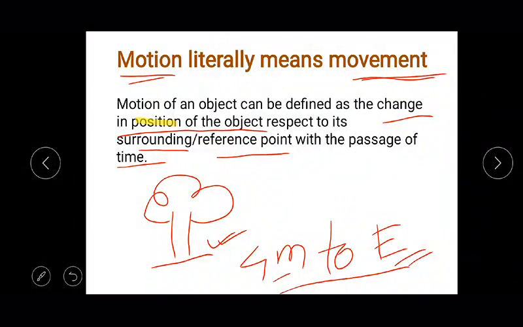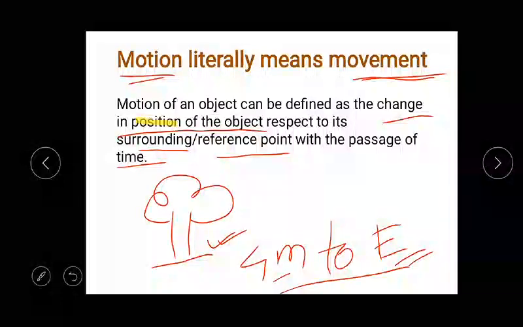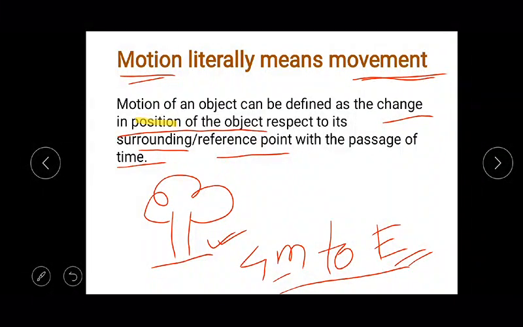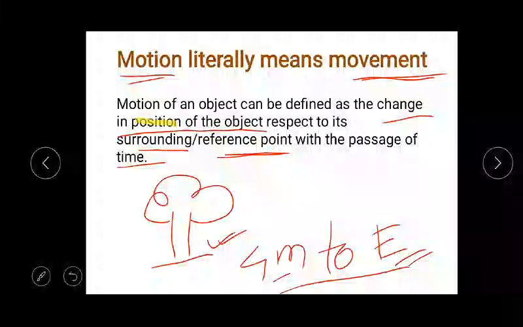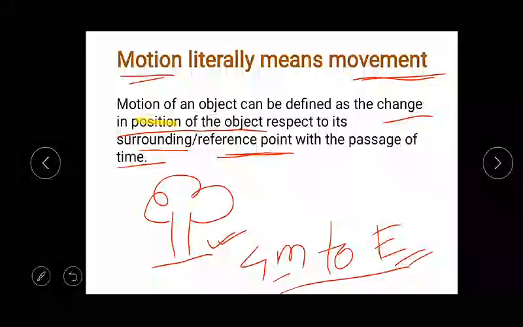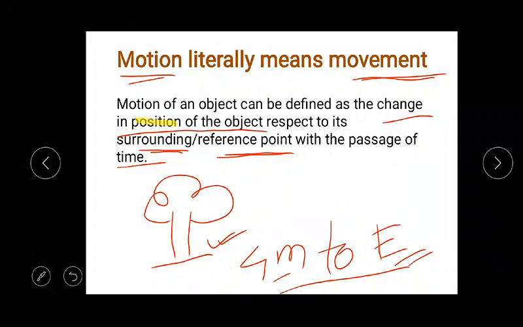So for that reason what we need is that whenever we are defining the position of an object, we need a reference point, and this reference point is generally a part of our surrounding.